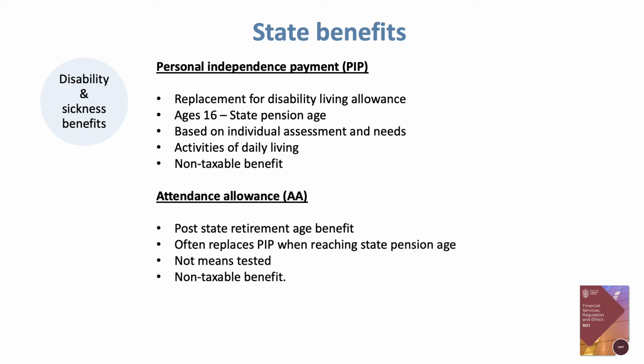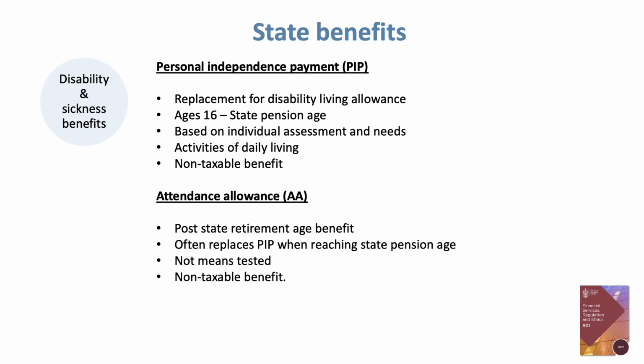Anyone that's under the age of 16 may still qualify for the disability living allowance, but those aged 16 to state pension age in the main have been transferred onto the PIP and will get the personal independence payment instead. Based on individual assessments and your needs, based on certain inability to undertake certain activities of daily living, a non-taxable benefit can be paid.